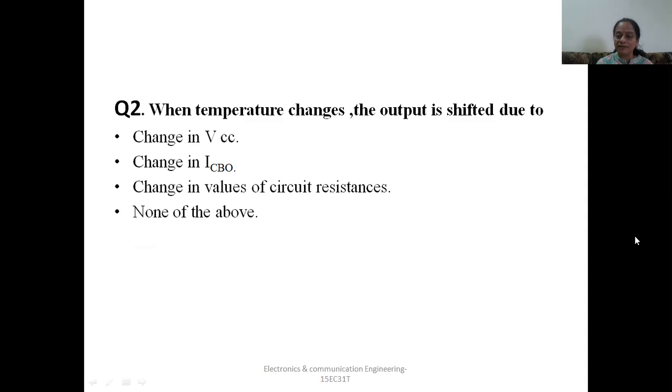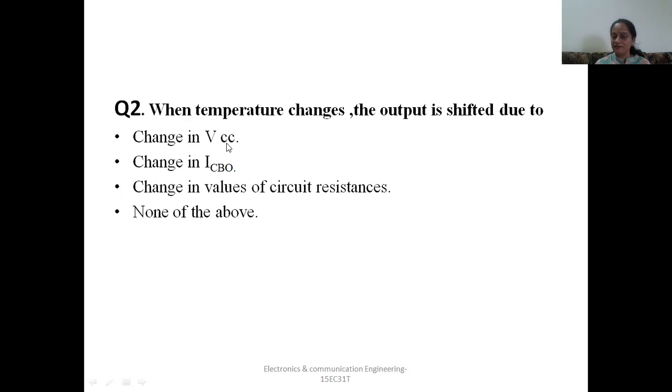Second one, when temperature changes, the output is shifted due to. So in thermal runaway, we studied that when large amount of collector current flows, it produces heat. So that's why the temperature rises. When temperature changes, what changes?